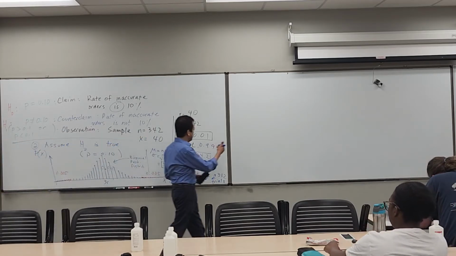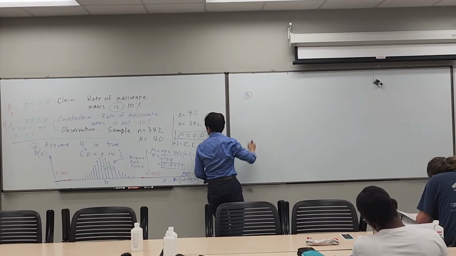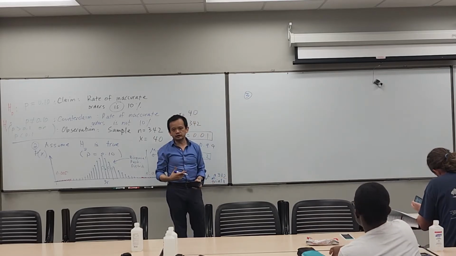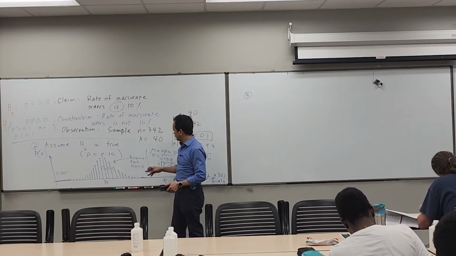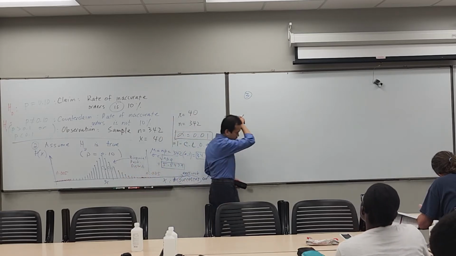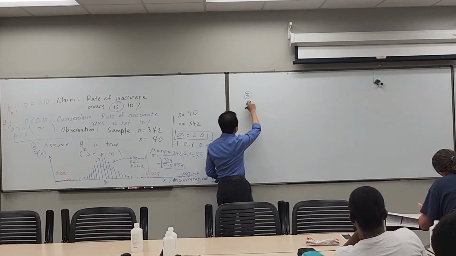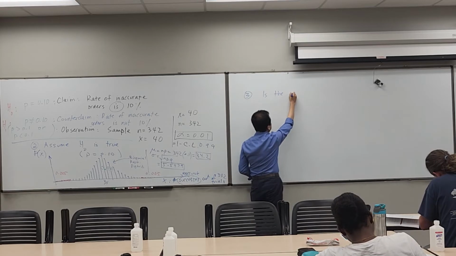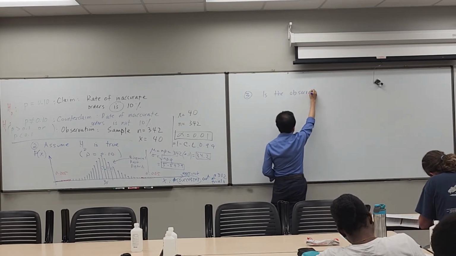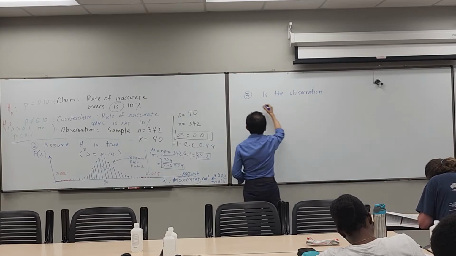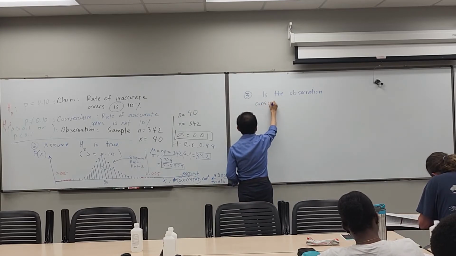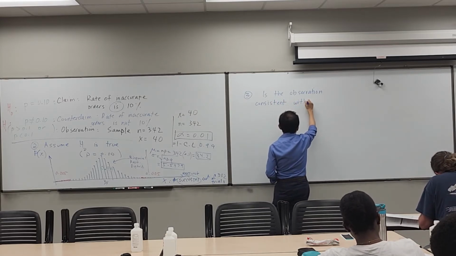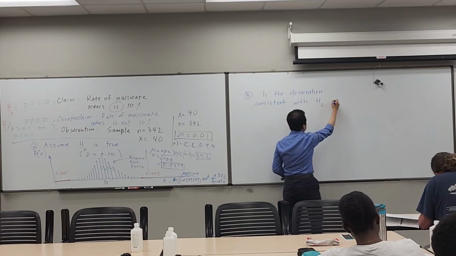So now we're going to go on to step 3. Step 3 is to answer the question of whether the observation is consistent with this distribution, or usual in the distribution. So step 3 is answering the question: is the observation consistent with H0 being true?